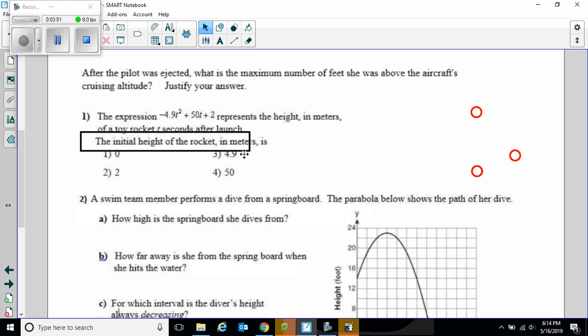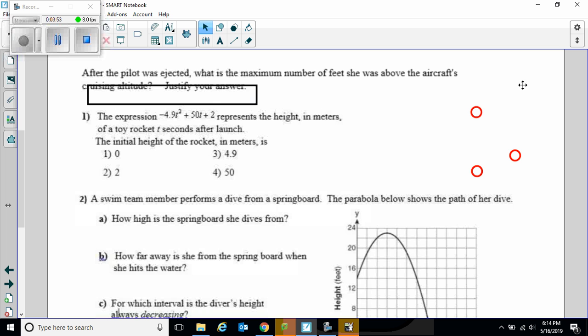And what I'm hoping is that we are remembering that that final number is our y-intercept. And our y-intercept is always going to determine what we do initially. So in this case, 2 should have been a giveaway.